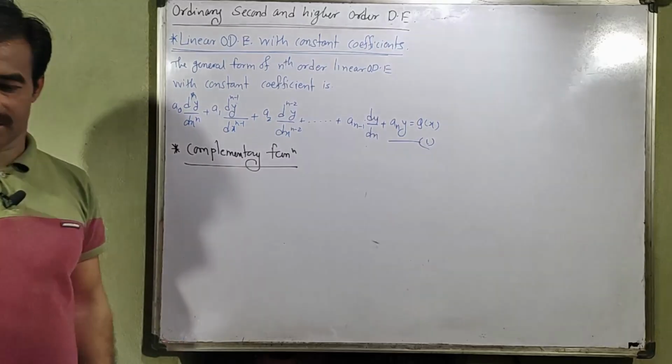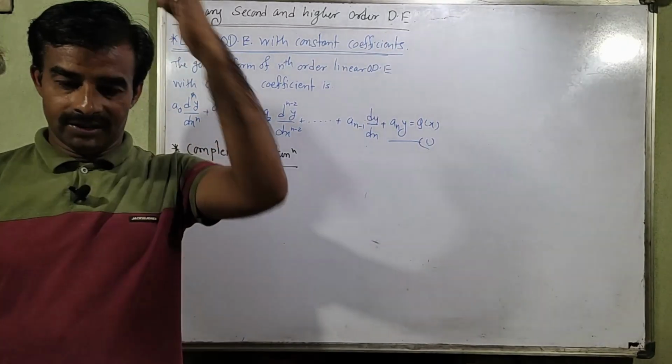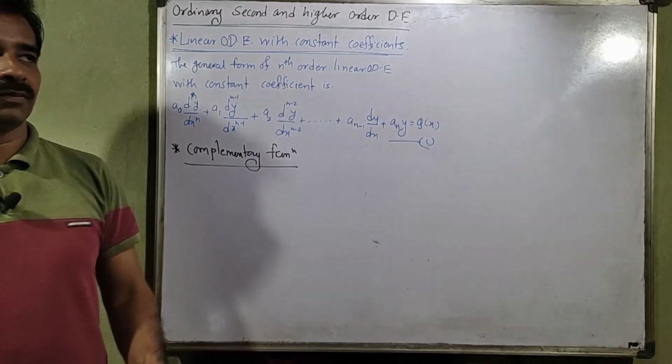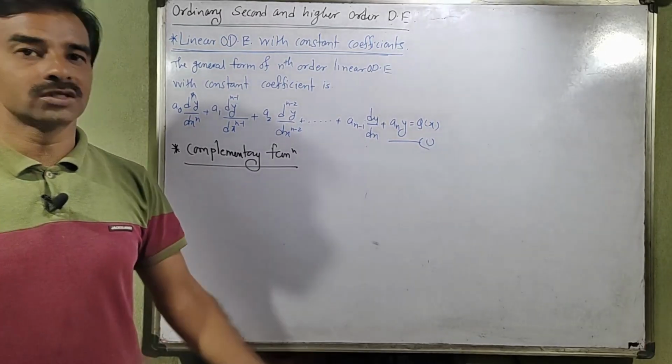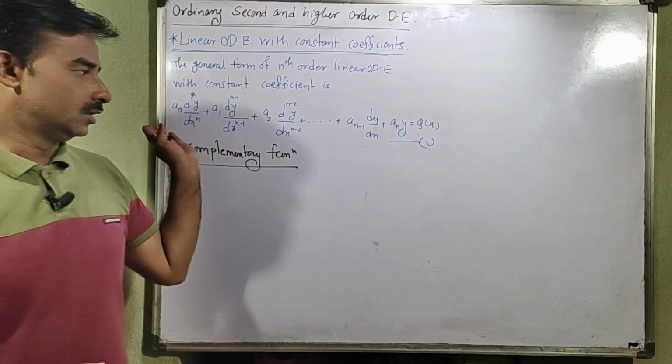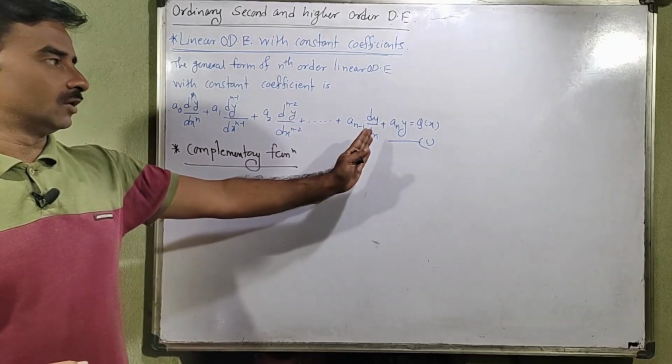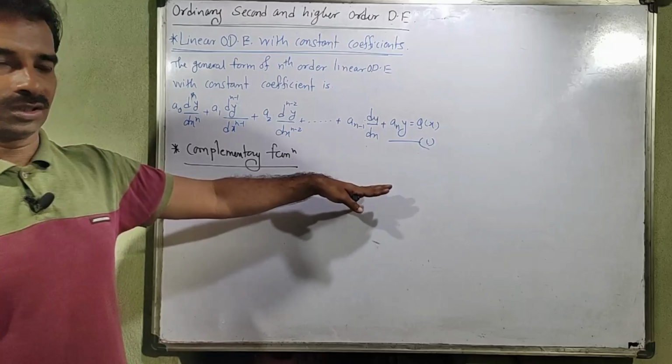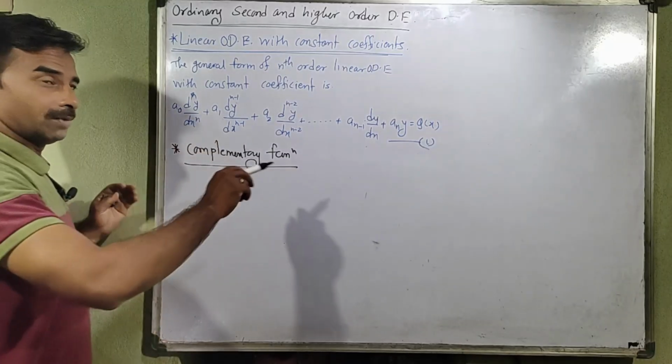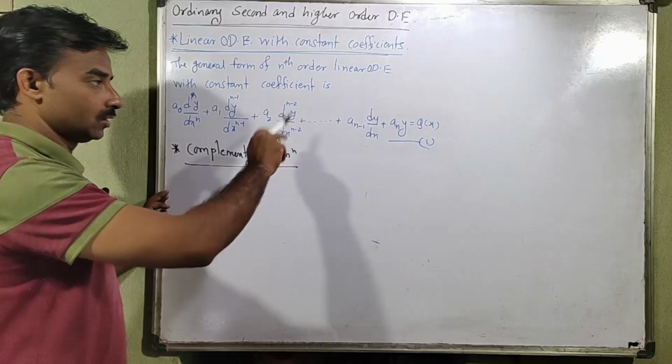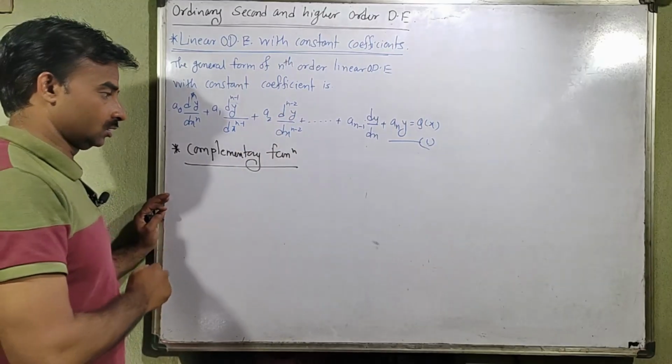Complementary function. First of all we use some notations for solving this equation by using the homogeneous equation, by putting q of x equal to 0 and converting it into the homogeneous equation.